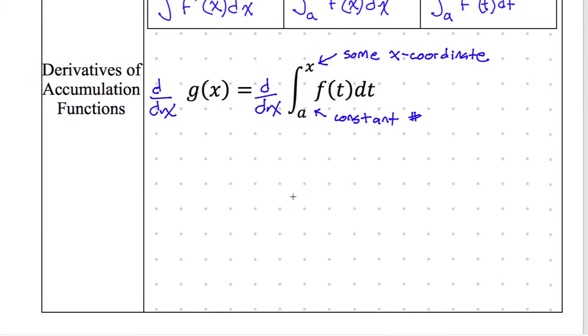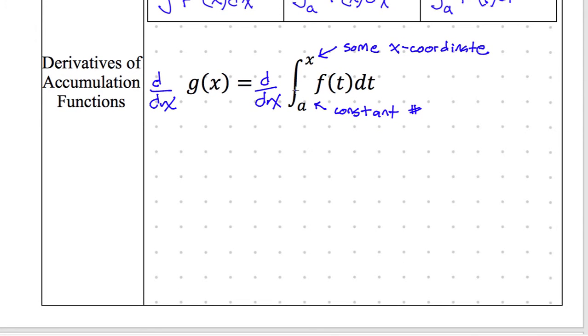All right. So now I'm left on the left-hand side with g prime of x, and you will be taking the derivative of this accumulation integral. You will be doing this on the AP test. So try to get as comfortable as possible. Let's assume, let's write this on the outside, that if I take the antiderivative of f of x, that's going to be equal to capital F of x.